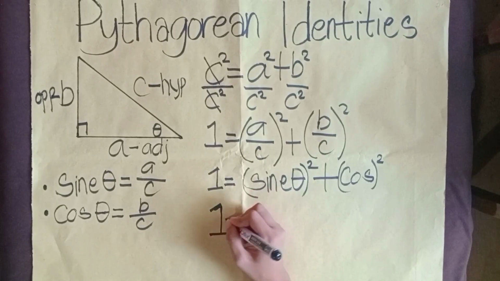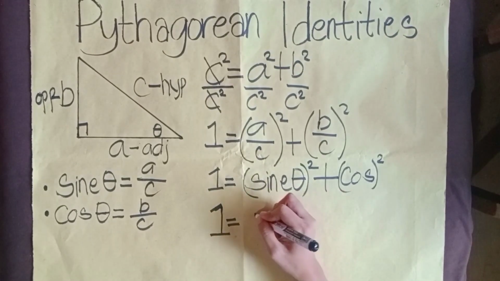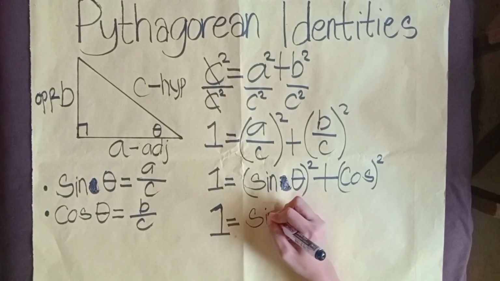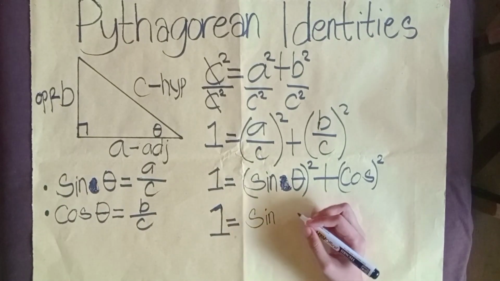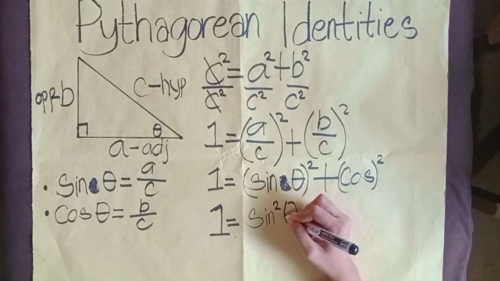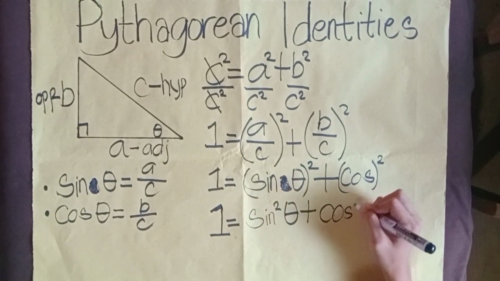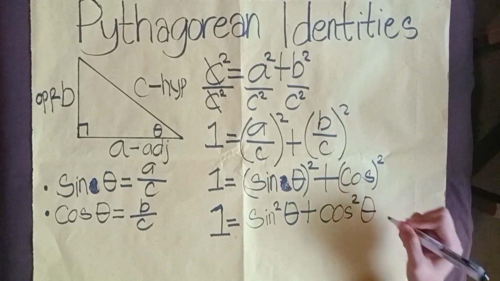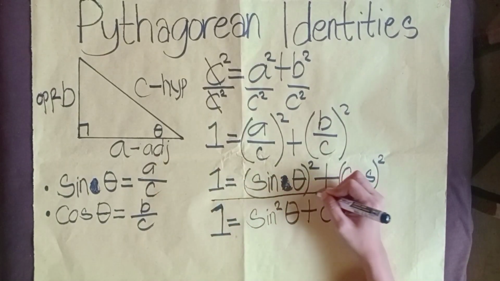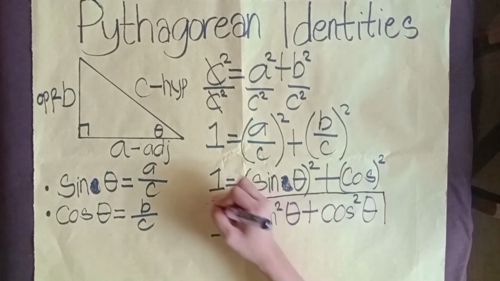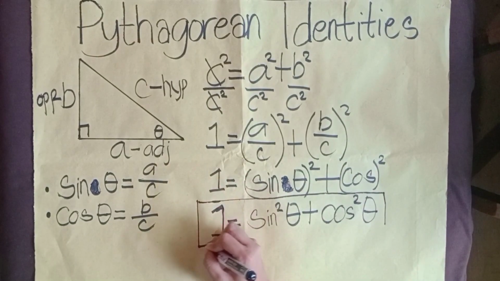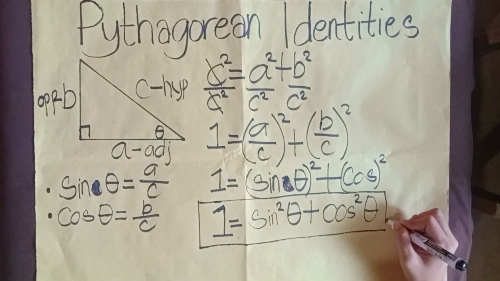Simplifying, we have the relation 1 equals sine squared theta plus cos squared theta. So we have the relation that is 1 equals sine squared theta plus cos squared theta.